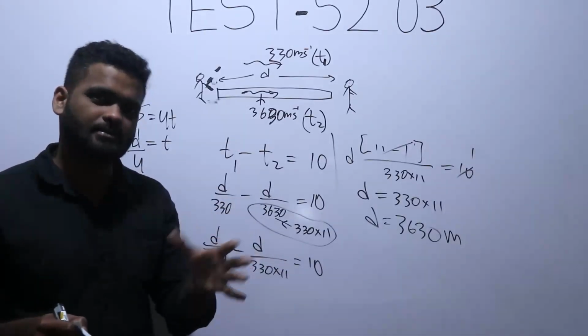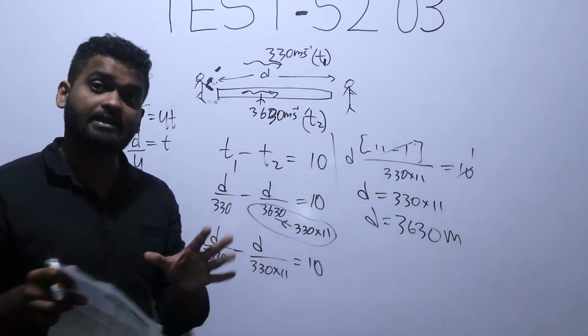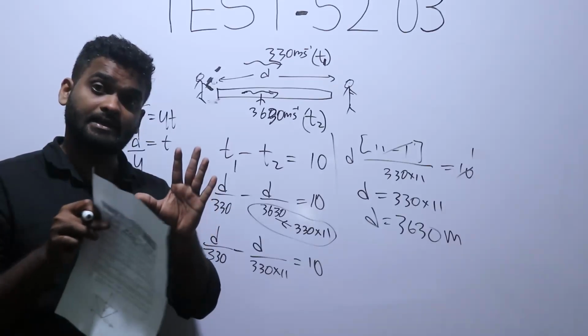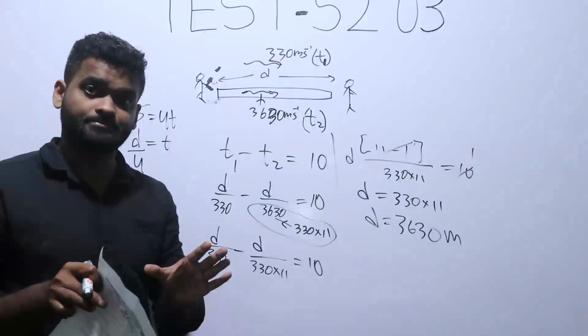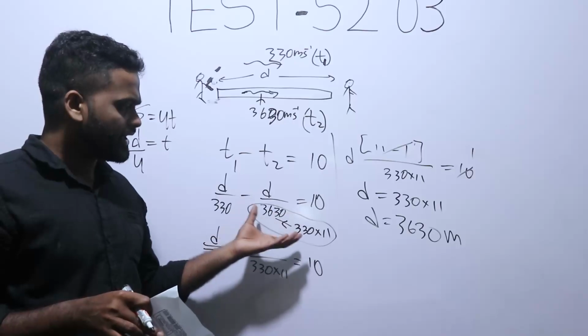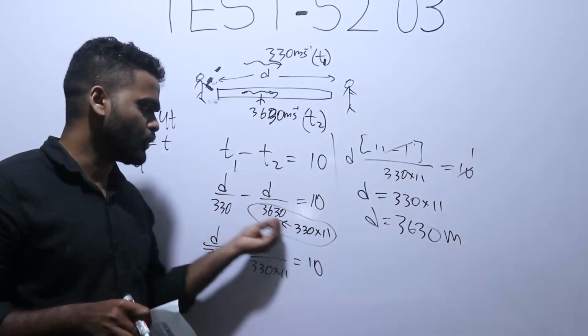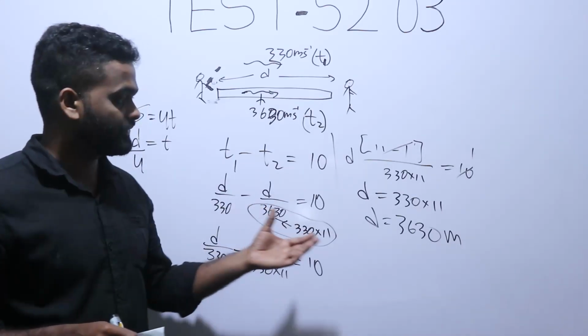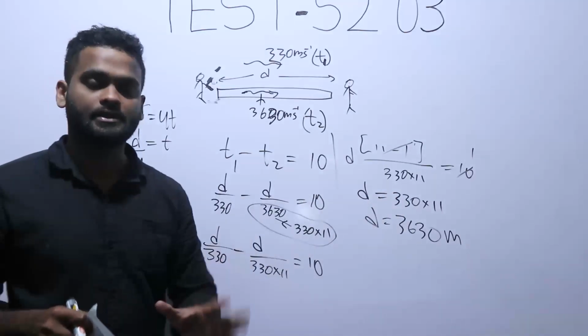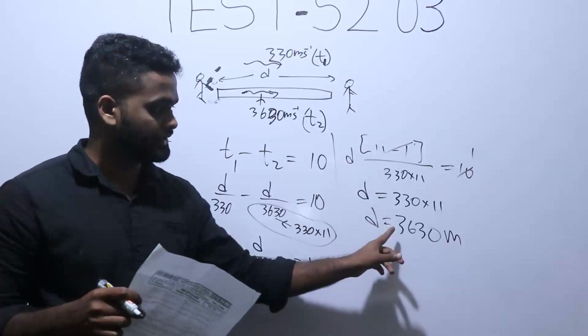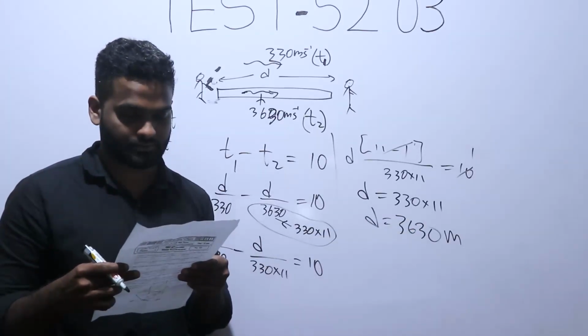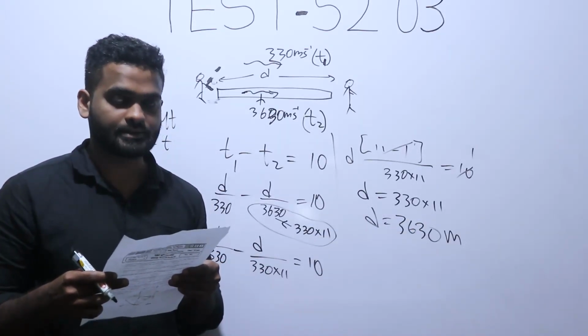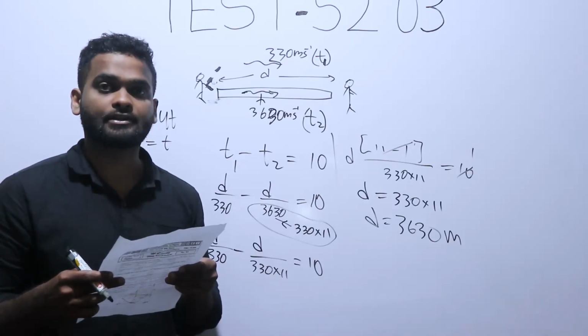In almost all cases, especially in MCQs, there are some shortcuts to do simplifications, right? So the answer here should be 3630 meters. Fourth one is the answer for the 8th question.